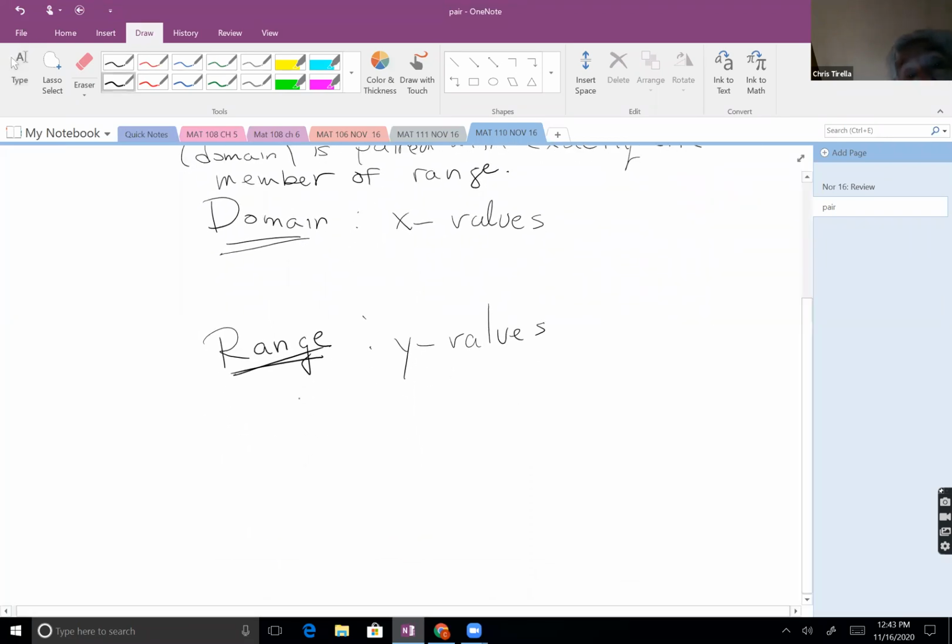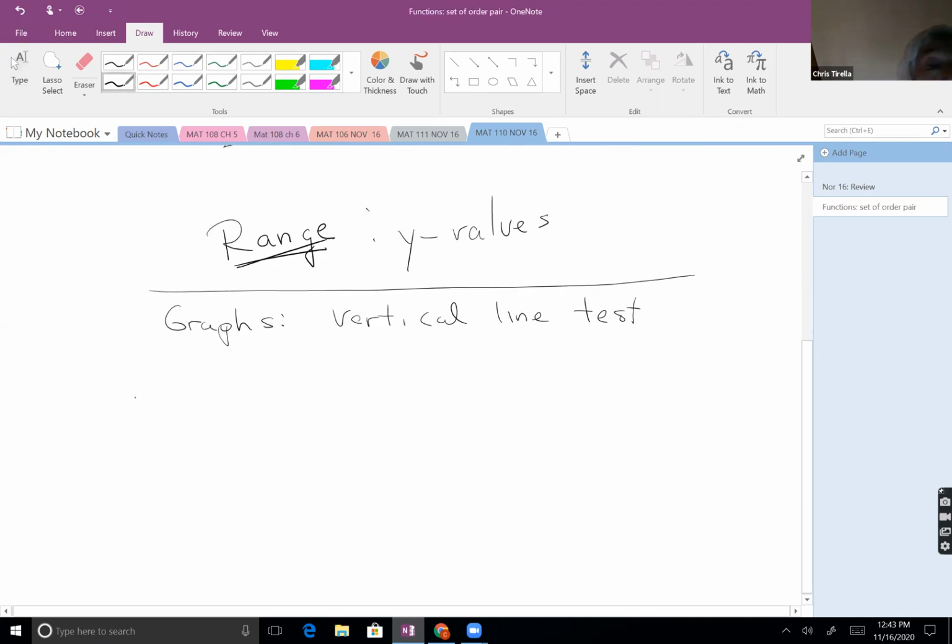When we looked at them as graphs, does everybody remember that vertical line test? And so if I have something that looks like a parabola, this is a function. It passes the test.